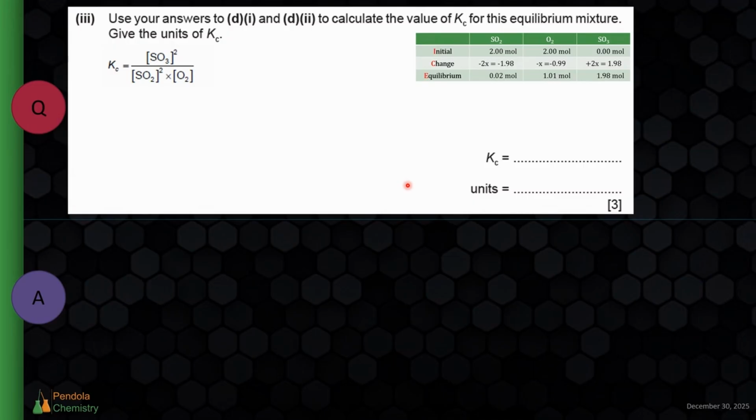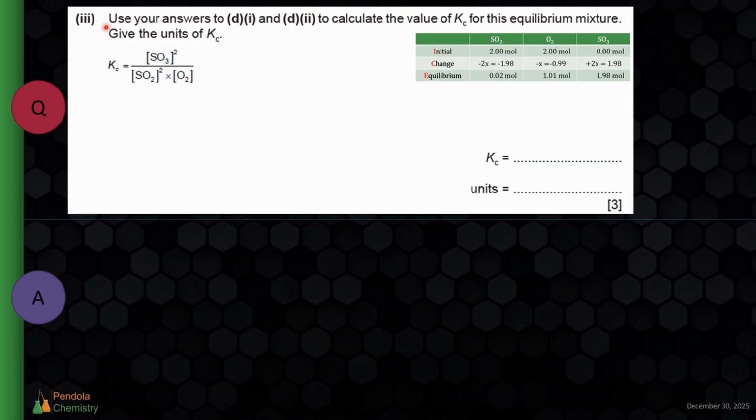This is a follow-up to the question where we did our AICE table. So I have our AICE table from the prior question here. And I also have the equilibrium expression that we worked out for the first part of this problem here. So this is from part 1 of this problem. You can see this is part 3. This is from part 2. So as is very usual in Cambridge, especially with equilibrium questions, these questions are going to build on each other.